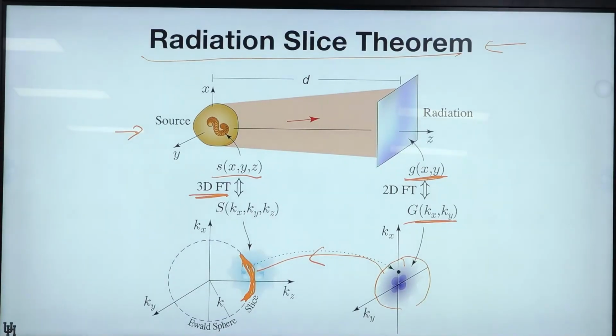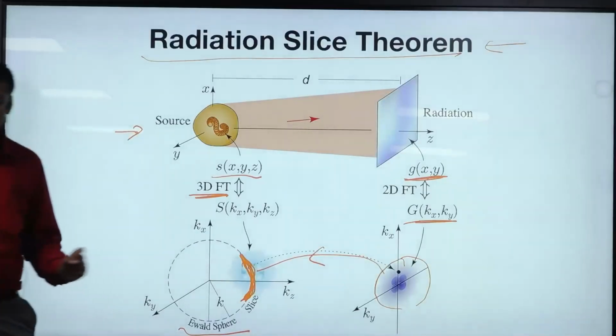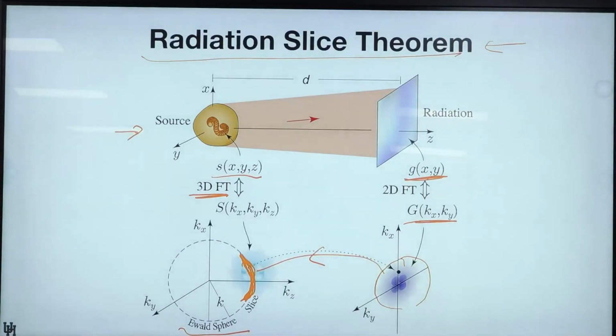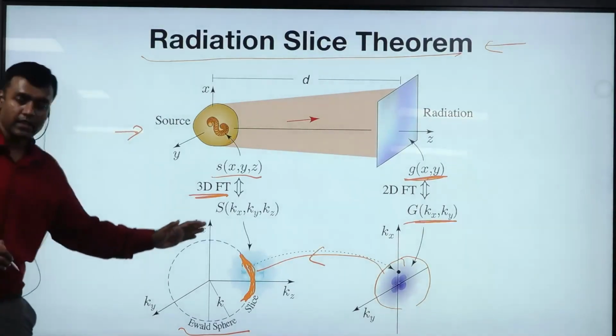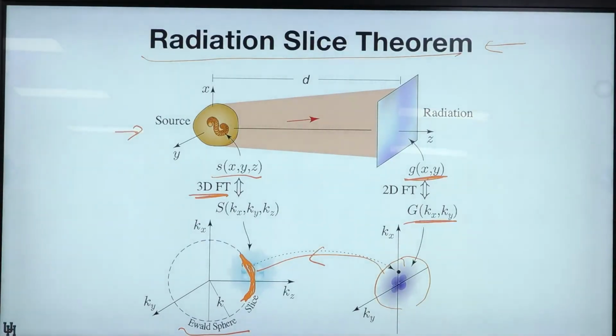And this sphere is called the Ewald sphere, named in honor of the scientist. The radius of the sphere is the value k. This is the kx, ky, kz three-dimensional Fourier space, and k here is 2 pi by lambda.